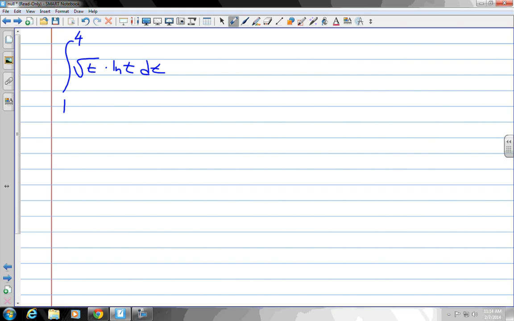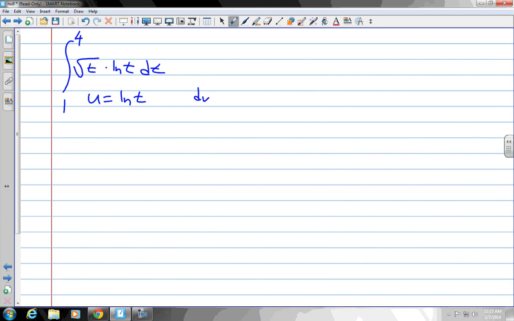What's our u? Ln of t, right? By the way, we think of square root of t as a polynomial function, a power function, t to the 1/2. But yes, u is ln of t.